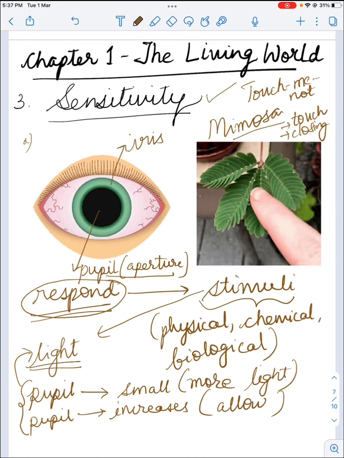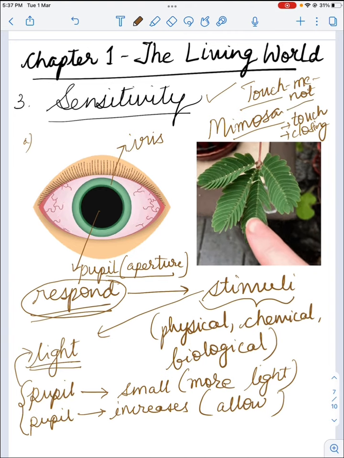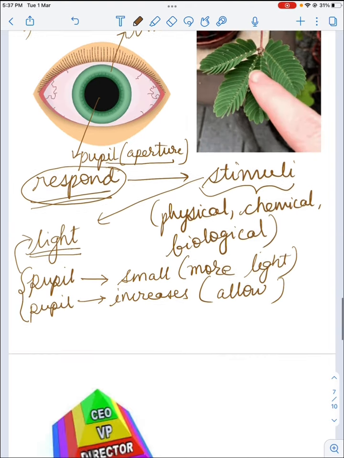And the second image shows the way in which plants exhibit sensitivity. I have taken the famous example of the touch me not plant, wherein when you touch, the leaves close, right?